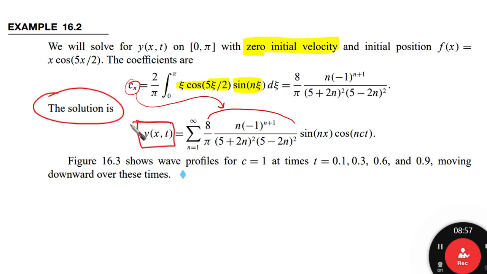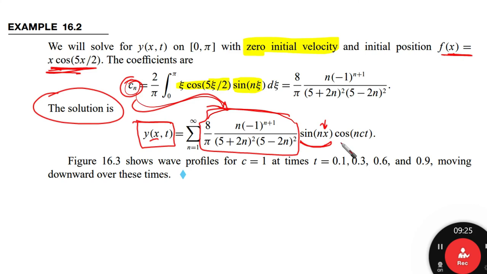Remember, what is the difference between this f of x equal x cosine 5x over 2? It's the initial shape at a certain point, at t equal to 0, for example. But after that, we want to describe it at different t's, right? So we put our Cn here as the coefficient, and then we multiply sine nx, this is the variable x here, times cosine nct, this is the variable t here.